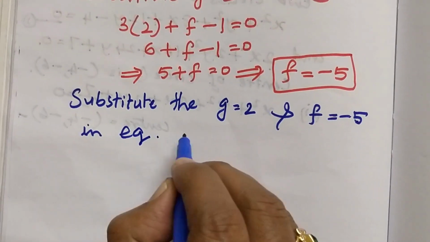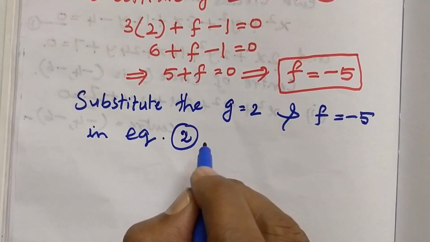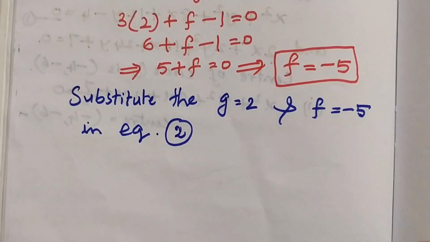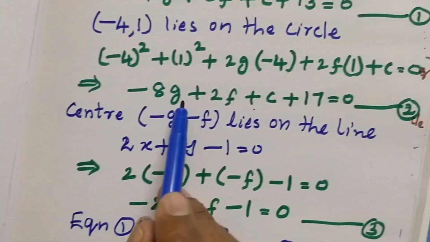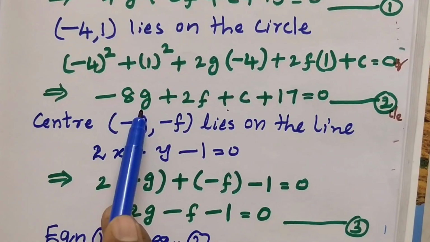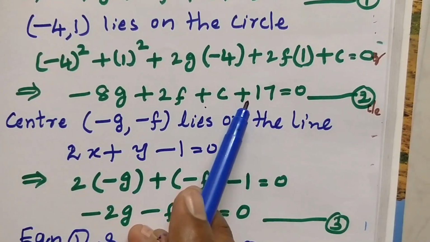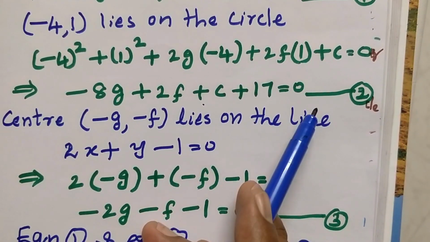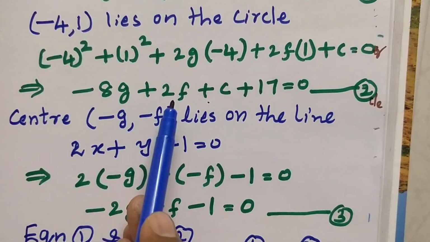Or you can put in equation 1 also. What is my equation 2? See once again. The equation 2 is minus 8g plus 2f plus c plus 17 is equal to 0. In this, I put the value g is equal to 2 and f is equal to minus 5 and then find the value of c.